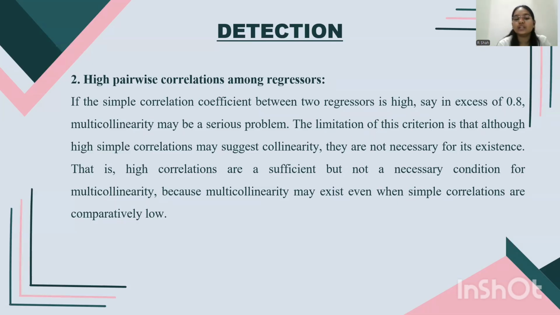That is, high correlation is sufficient but not a necessary condition for multicollinearity, because multicollinearity may exist even when simple correlations are comparatively low. So high correlations don't always cause multicollinearity; it's not always necessary.